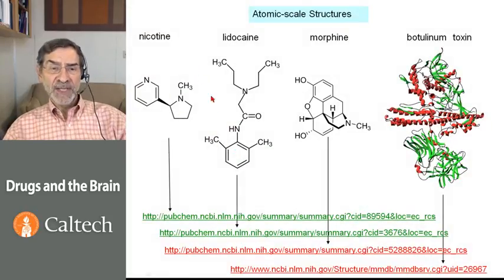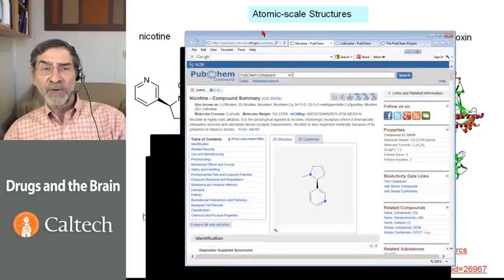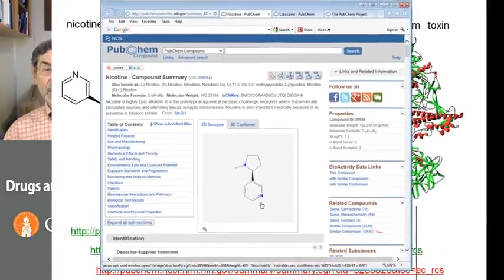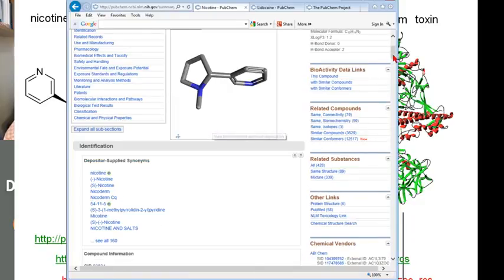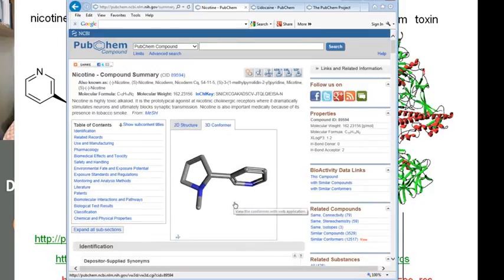In terms of atomic scale structures, it is perhaps useful to go to PubChem, to the record for nicotine, for instance. What do we see here? We see that the nitrogens are in blue. This is more or less standard. And to get the best possible dimensionally accurate structure, we go to the 3D conformer section, and there are actually about 8 of these conformers in PubChem.